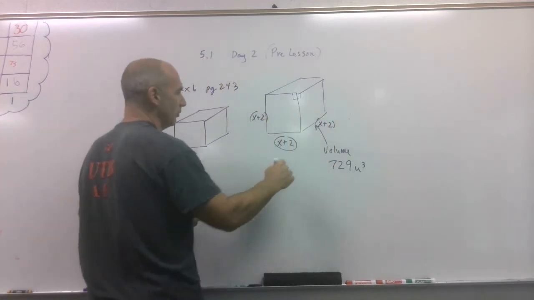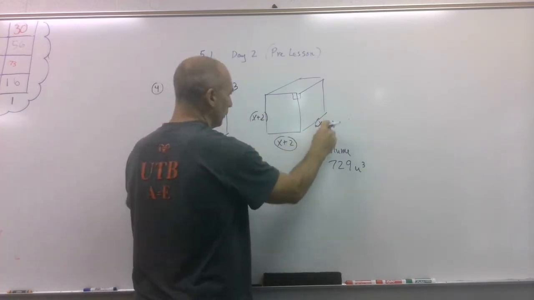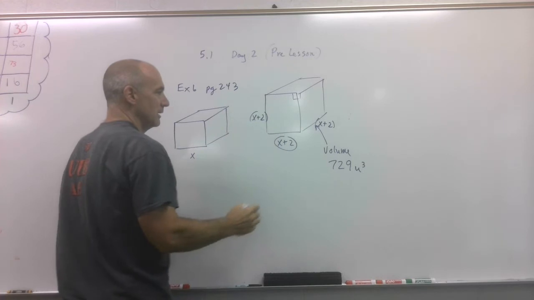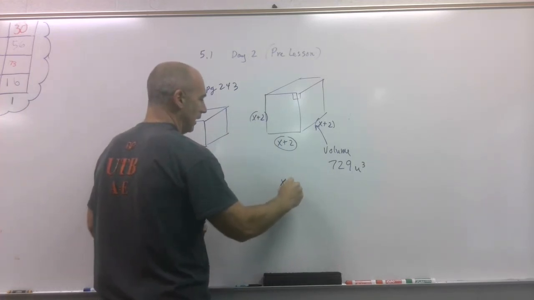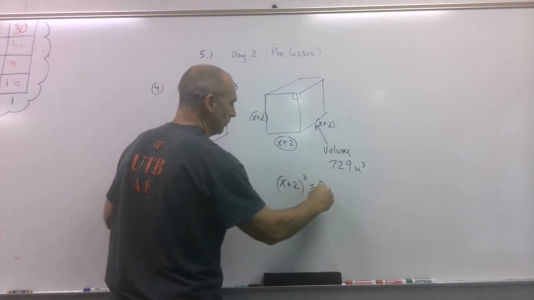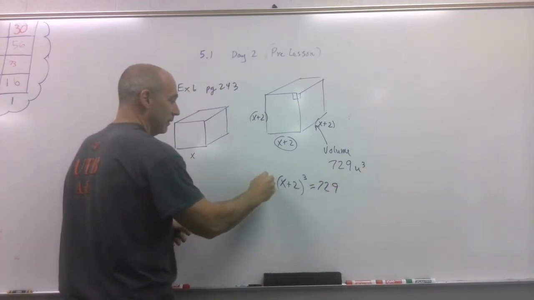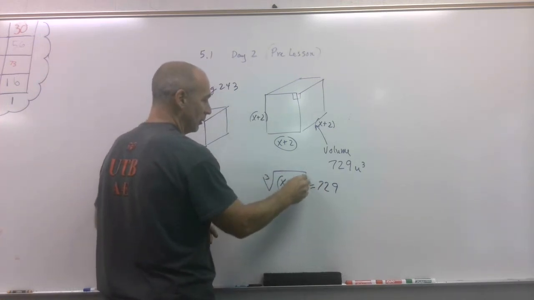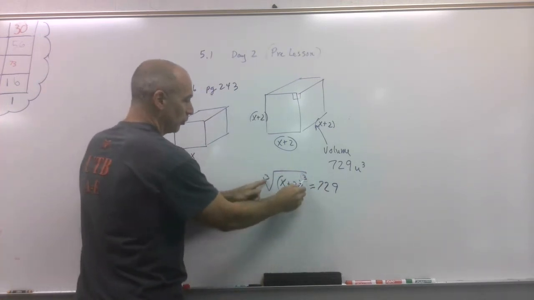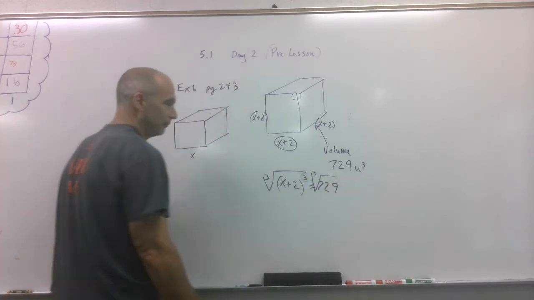Remember, to find the volume, you go length times width times height, and you multiply them all together, so you get x plus 2 cubed has to equal 729. How are we going to solve that? Take the cubic root of that side. That's the only way we're going to get rid of that, because these two absorb each other. But then I have to do the same thing on that side.